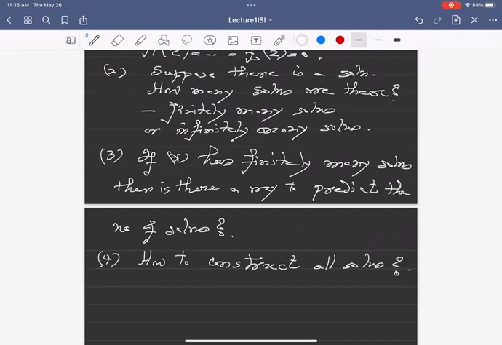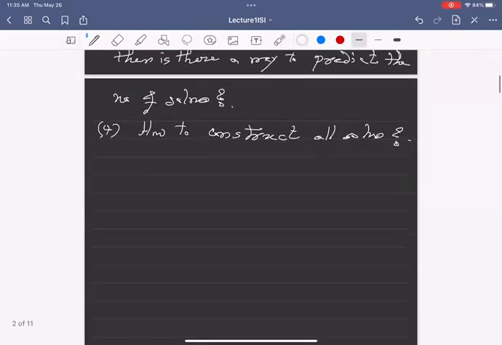So these are some of the questions we can ask about solutions of a system of polynomial equations. This subject is studied in a field called algebraic geometry, and we have a name. Look at this set of all solutions to a finite set of polynomial equations.